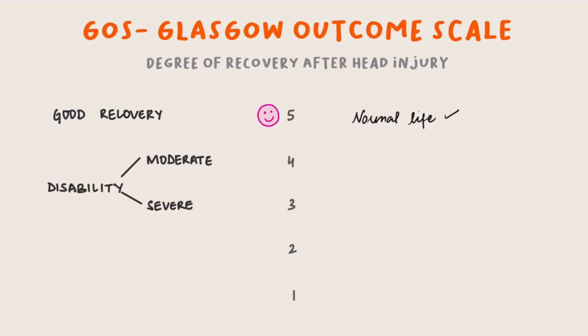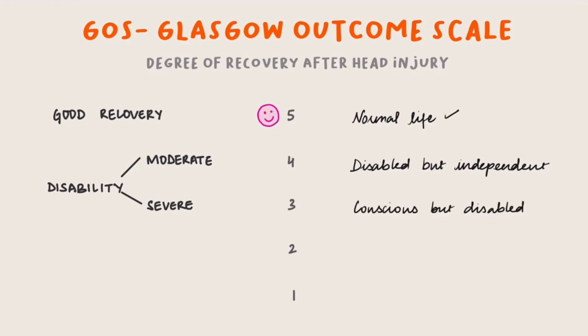A patient with disability can be classified into two types, which are moderate disability and severe disability. We'd give a score of 4 to a patient when they have some disability but they are independent and they can live their life on their own. In a person with severe disability, we'd give a score of 3. Here, a patient is conscious but they are disabled.